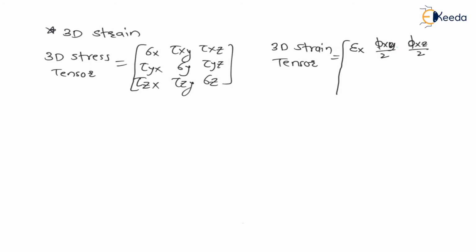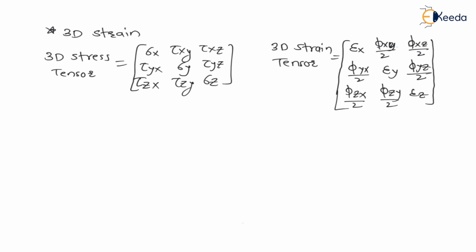Now here phi yx by 2, then Ey, then phi yz by 2, then phi zx by 2, phi zy by 2, and Ez. This is the 3D strain tensor.